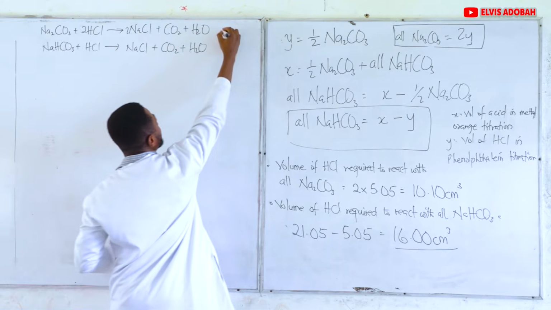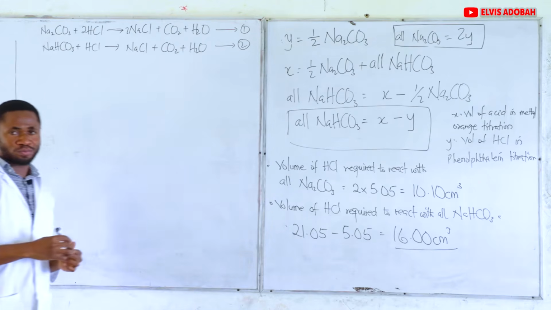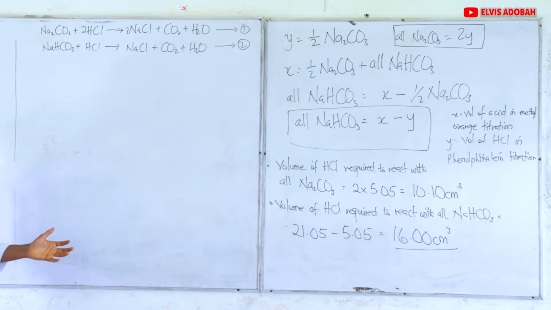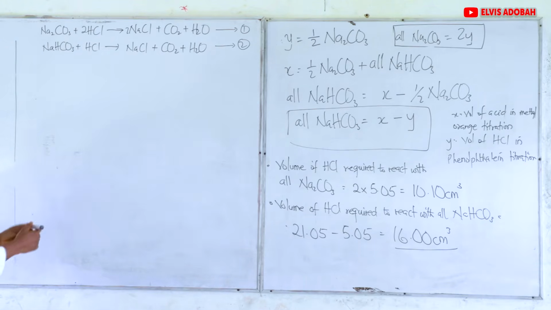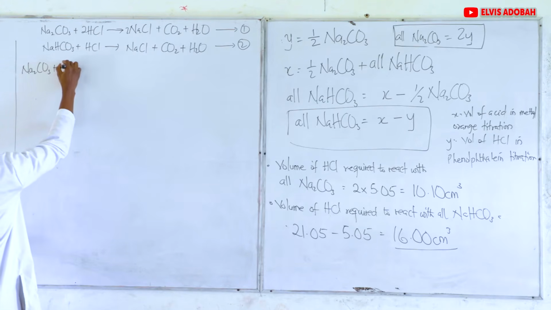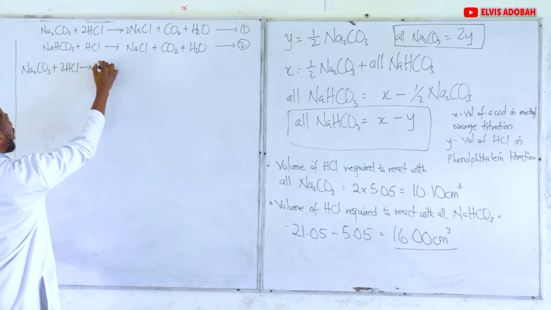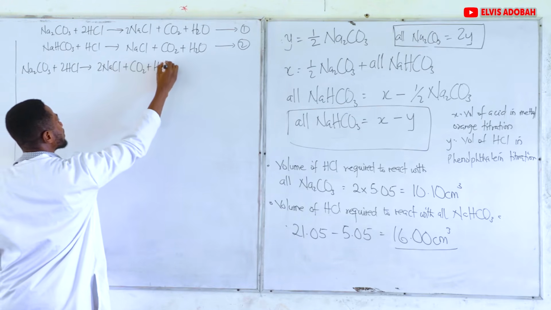So let's name the equations equation 1 and equation 2. Let's first pick equation 1. Equation 1 is a reaction between sodium carbonate plus HCl to form sodium chloride plus carbon dioxide plus water.